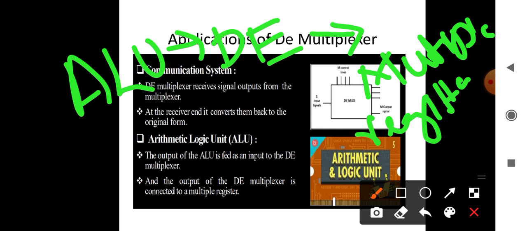So why do we need to connect a demultiplexer? The demultiplexer decodes and converts it into the original signal.